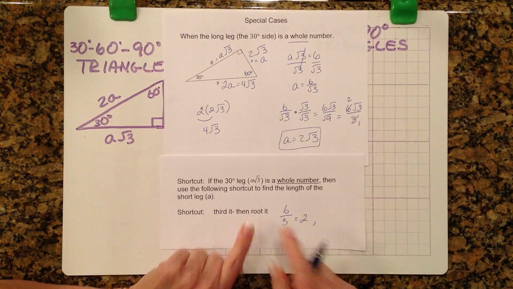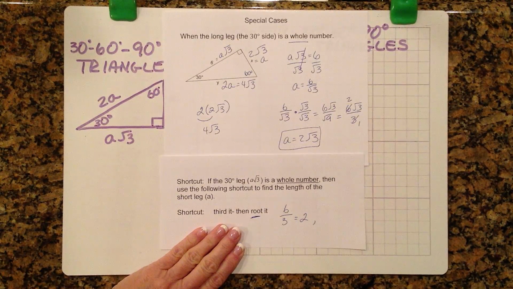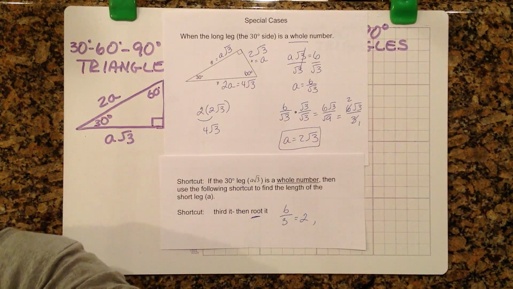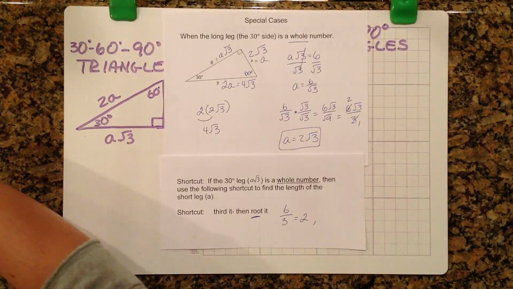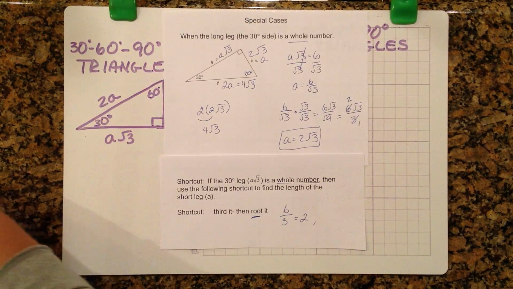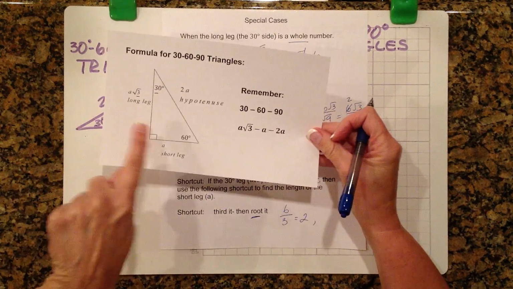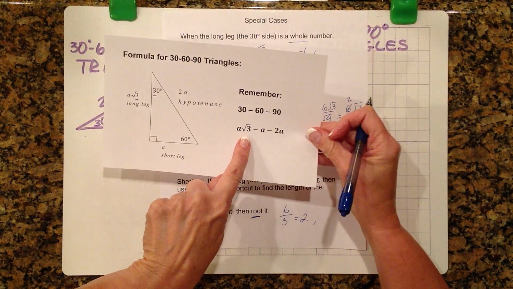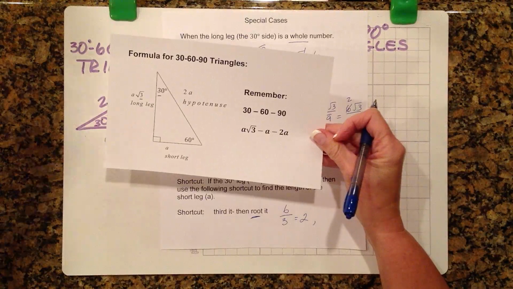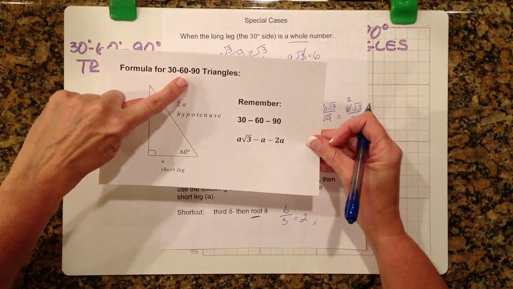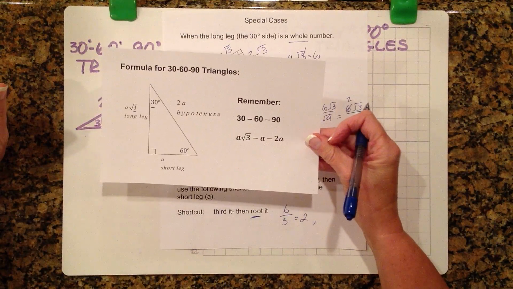Then I want to root it. What is my root? Remember with 45-45-90, our root was square root of 2. What's our root here? Our root is square root of 3. Okay, how do you know the difference? To help you remember, if you notice, there's 3 different angles, 3 different lengths.